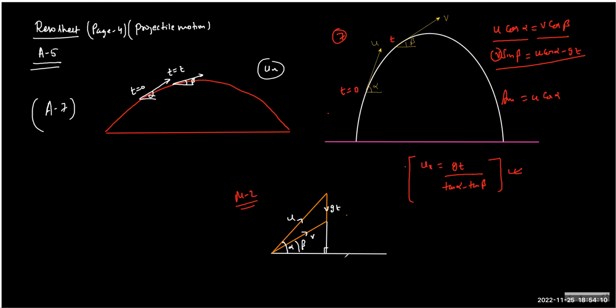Done. Okay. So sine law you can apply: GT by sine alpha minus beta is U by sine of 90 plus beta, which is cos beta. Is this correct?